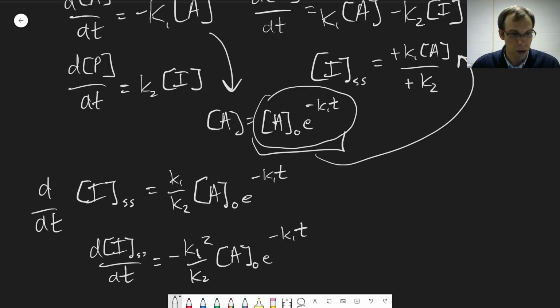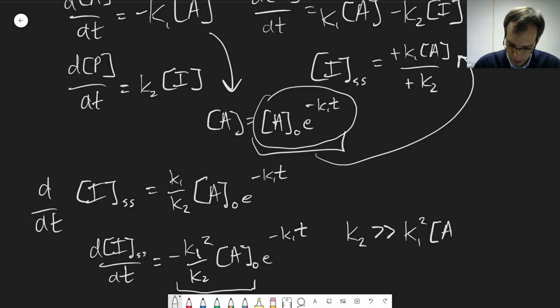And this will go to 0 if this first term goes to 0. The exponential term won't go to 0 until time gets really large. So when is this term going to go to 0? It'll go to 0 if K2 is much, much bigger than K1 squared times A naught. That fraction will be really small if K2 is big, because it's the only thing in the denominator.